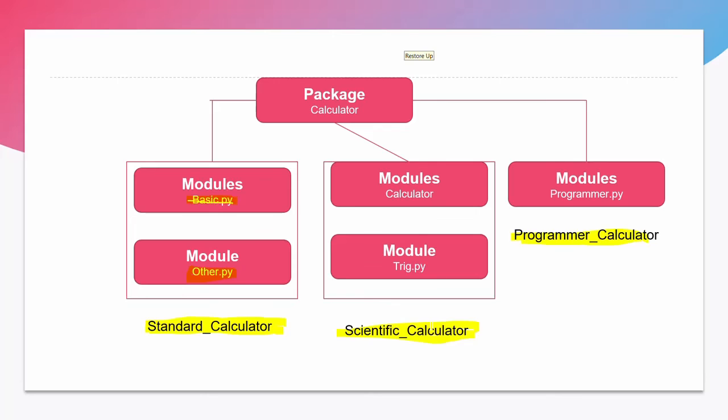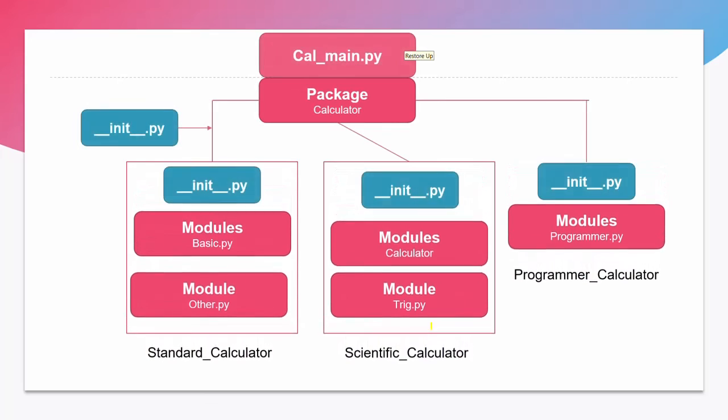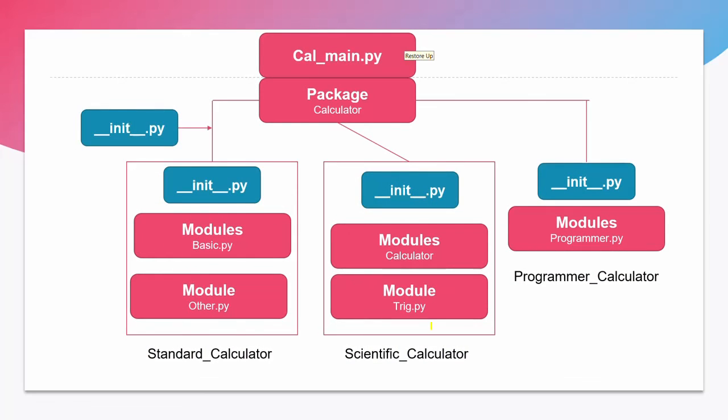If I want to make these three packages act exactly as packages, I need to create a file called init.py, as I said before. So standard calculator should have one init.py, scientific should have one init.py, and programmer should have one init.py. Then we have three packages. Together they form the overall package called calculator. So this calculator should also have the init.py file.